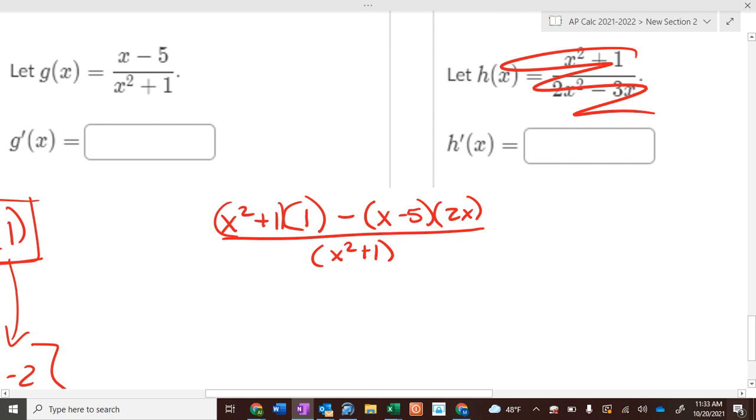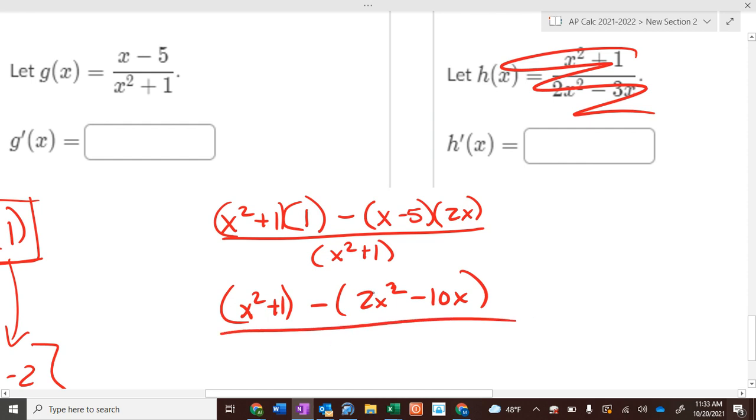Okay, so let's distribute in the numerator before we add or subtract. So it's x squared plus 1 when I distribute the 1. Minus 2x squared minus 10x. And I put that in parentheses because I have not distributed my negative sign yet. Over x squared plus 1 squared.